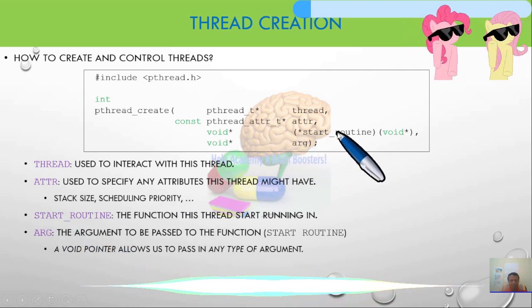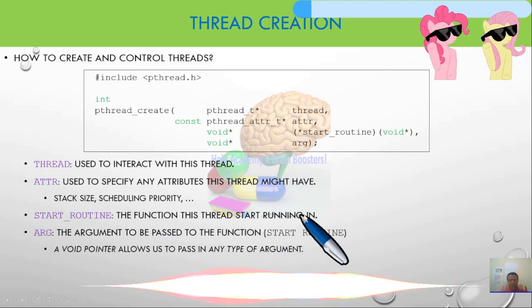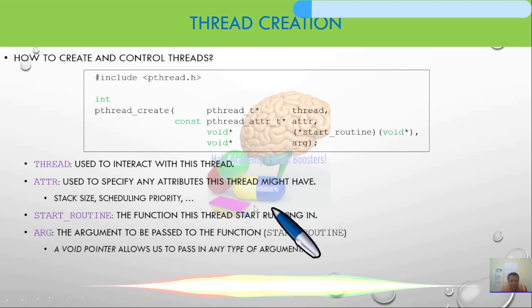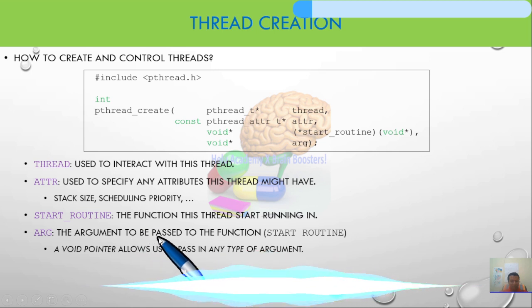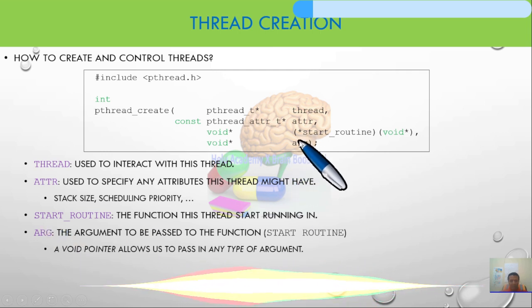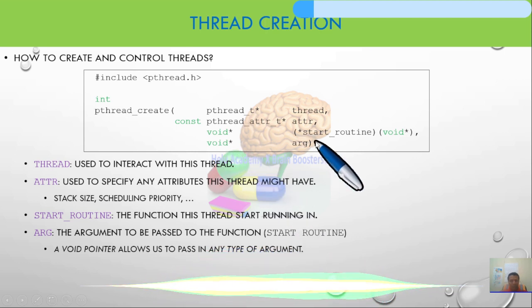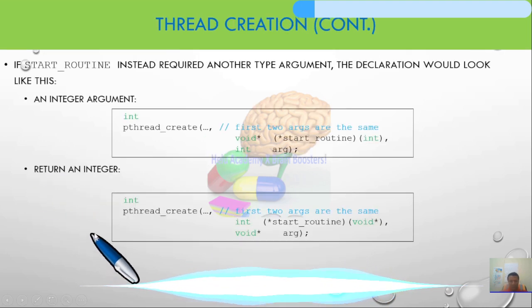Start routine is the function this thread starts running in. And arg is the argument to be passed to the start routine function. A void pointer allows us to pass in any type of argument. So these are the concepts.